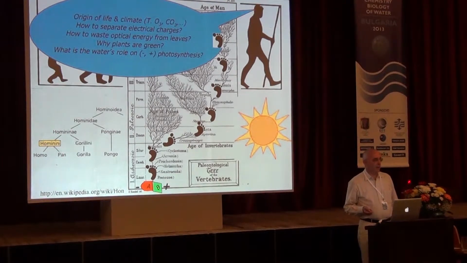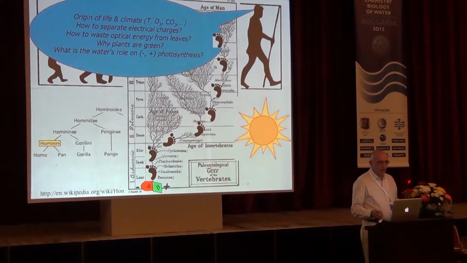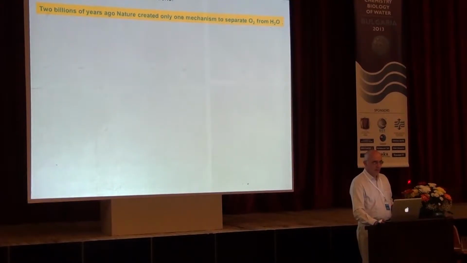We don't know why. It's not because of chlorophyll. And we have so many questions. And we don't know how charges are separated on trees, on leaves. We don't know how it's done. It's performed.